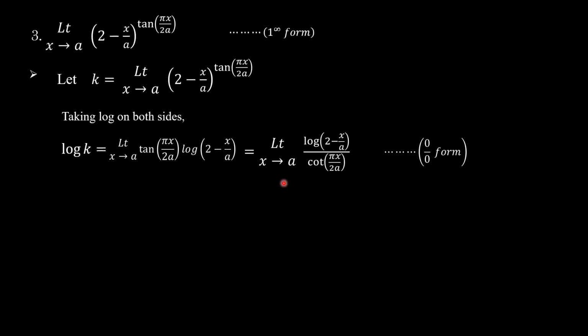That is, differentiate both the numerator as well as the denominator and then apply the limit. So the differentiation of log of (2 minus x by a) is 1 divided by (2 minus x by a) into the differentiation of (2 minus x by a), which is minus 1 by a, divided by the differentiation of cot of pi x by 2a, which is minus cosecant square of pi x by 2a into the derivative of pi x by 2a, which is pi by 2a.